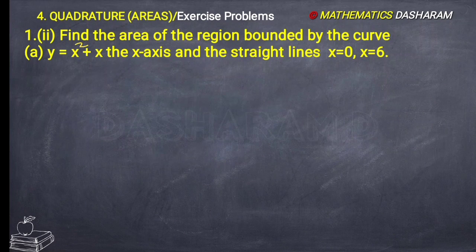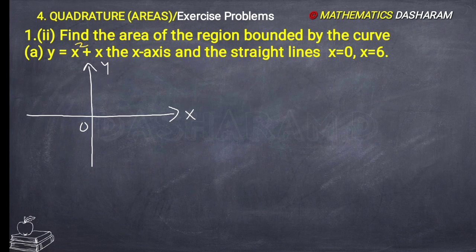Next question: find the area of the region bounded by the curve y equals x square plus x, the x-axis, and the straight lines x equals 0 and x equals 6. Let's draw a rough diagram. Here x-axis, y-axis, the intersection point is 0. It is very clear it is a parabola.